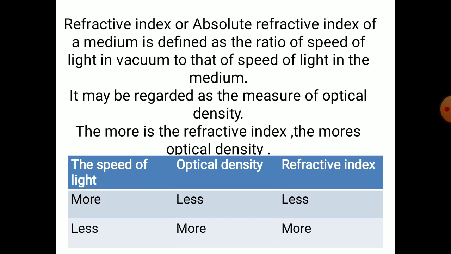So we can tabulate the relationship between the speed of light, optical density and refractive index as follows. The more the speed of light, the less will be its optical density and the lesser will be its refractive index. The less the speed of light, the more its optical density, and the more will be its refractive index.